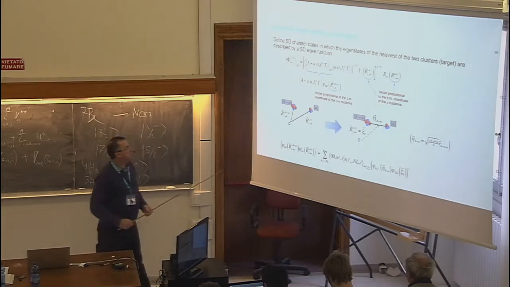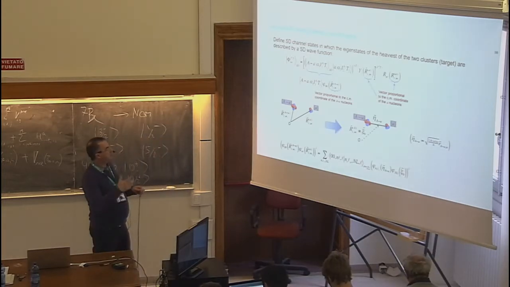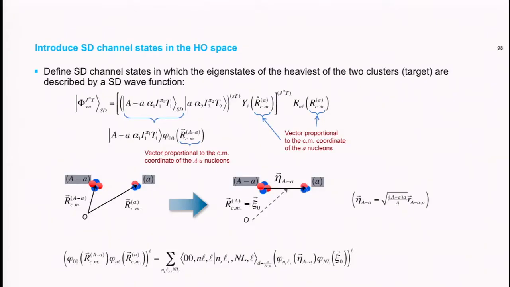I said that the advantage of the no-core shell model is that I can do calculations in the Jacobi basis or in the Slater-determinant basis, and I take advantage of it also in this extension of the approach to the continuum.